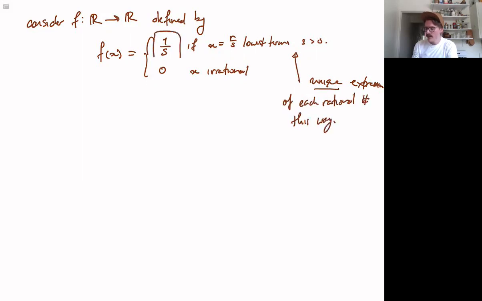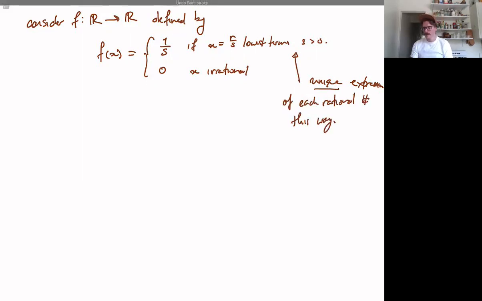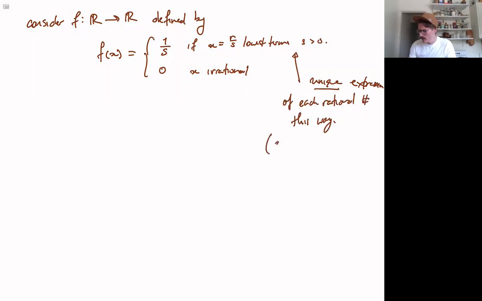So that's why it makes sense to put this here. And also the only questionable example is what you do with 0, and let's just say that's 0 over 1. Seems like the natural choice.